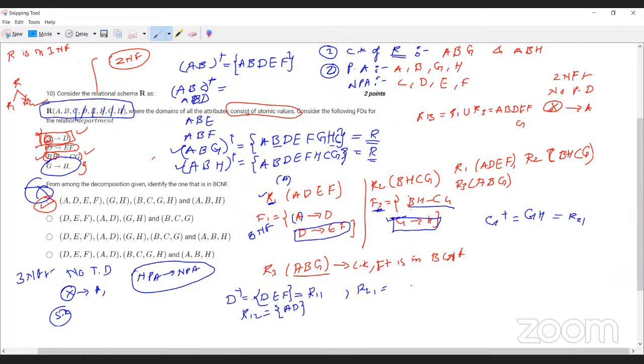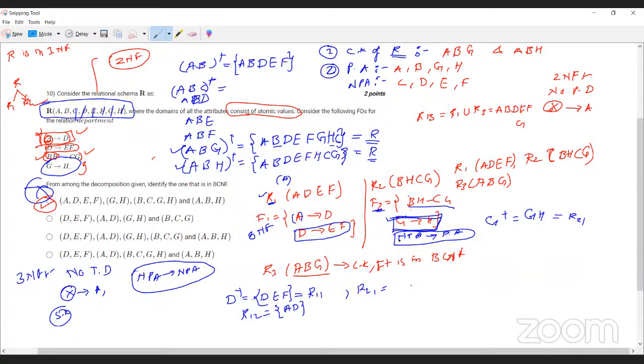So G determines H. This is the condition we have to check: G is a non-prime attribute, and H is a prime attribute. Is there a transitive dependency here?